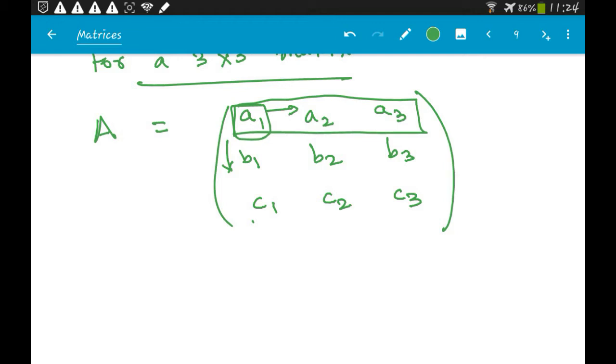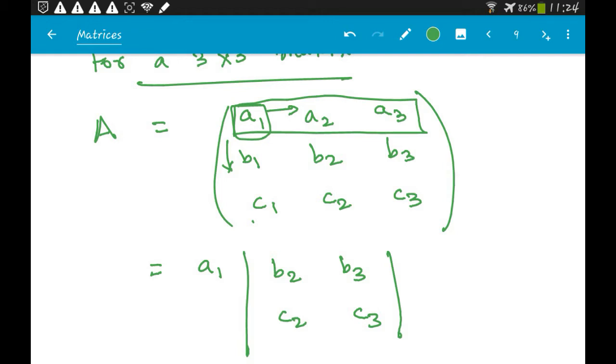What is remaining is a square matrix B2, B3, C2, C3. This is for the first element.